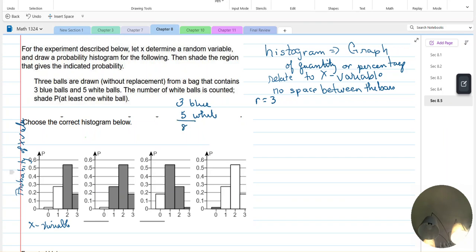The number of white balls is counted. Shade P of at least one white ball.